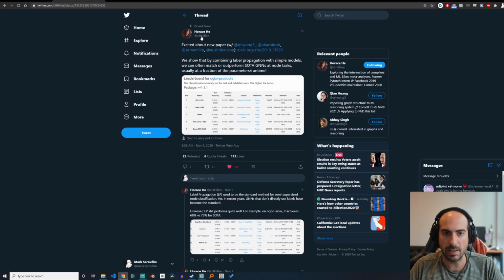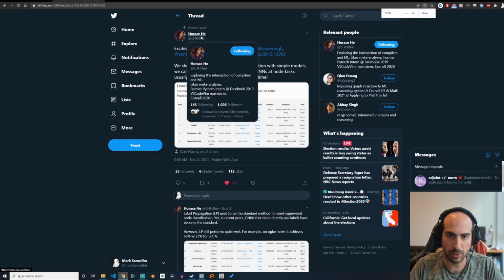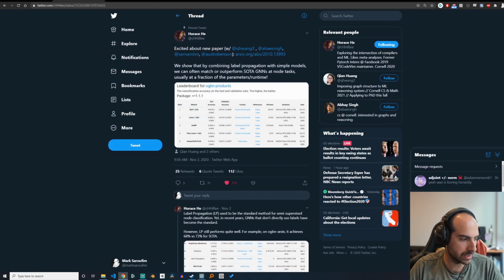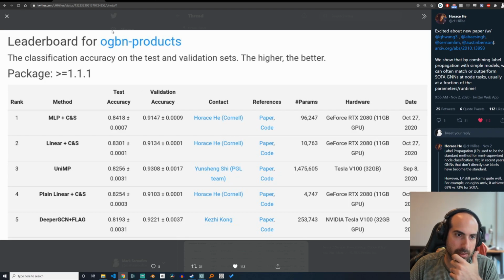Before we start reading the paper, I just want to show you Horace's tweet because I think it does a pretty good job at summarizing some of these ideas. The leaderboard they use is the Open Graph Benchmark leaderboard for products. This is one of the larger data sets, and typically what you're doing is some sort of node level prediction.